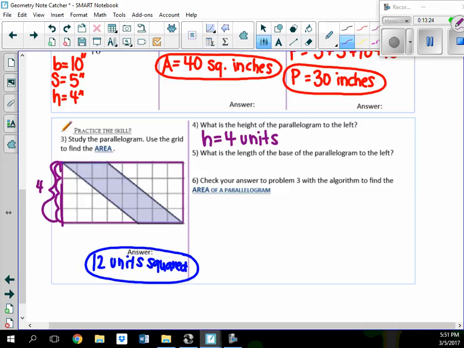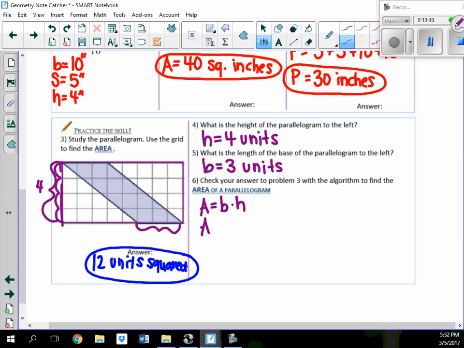All right, our next question is, what is the length of the base of the parallelogram? So that's talking about this distance right here, the base of the parallelogram. And our base is equal to 3 units. So when we use our algorithm, we're going to say that area is equal to base times height.